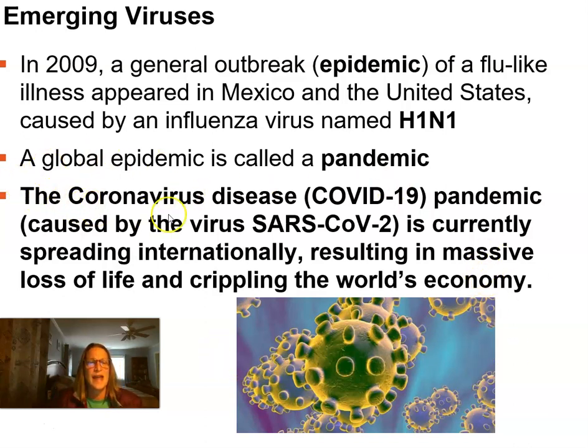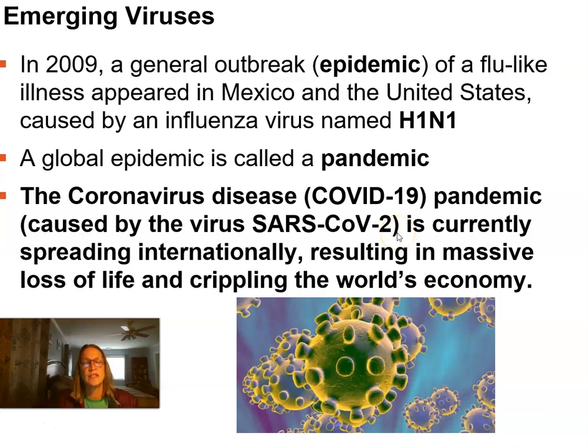So the one that we've got going on right now is a coronavirus, which means it's in that category where I showed you before, where it's an RNA virus. I think it was a single-stranded RNA. It has a viral envelope. The disease is called COVID-19, and it is a pandemic, so it is a global problem, and it is caused by the virus SARS-CoV-2.